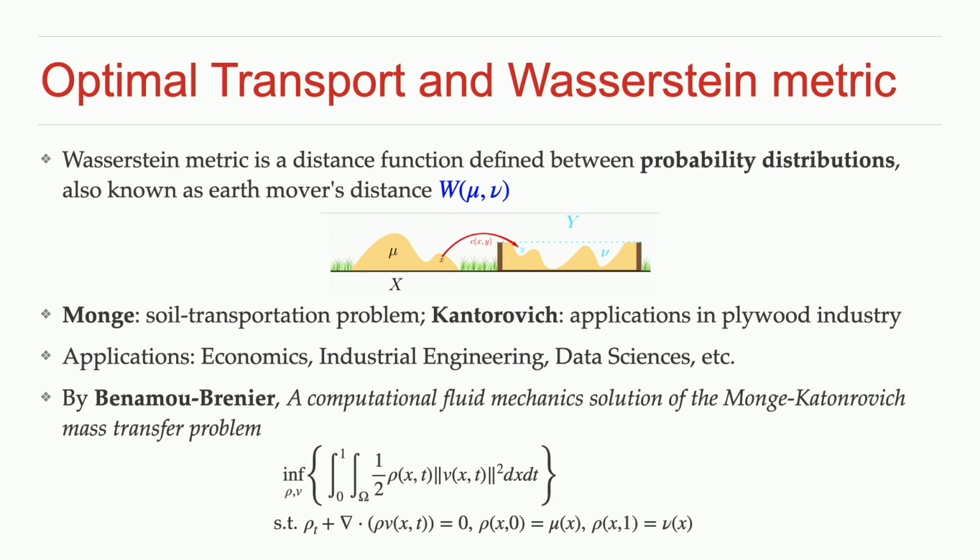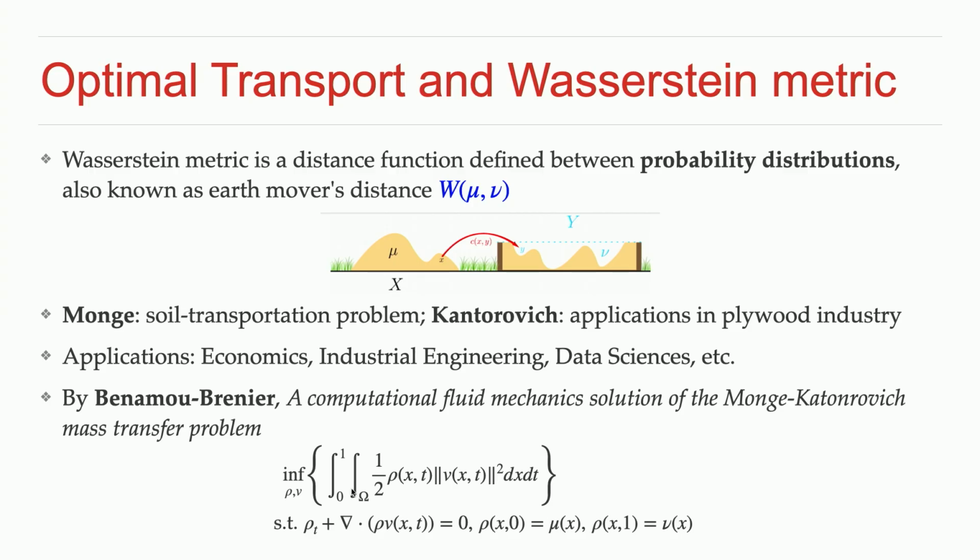So what happens is we are not trying to find a one-to-one map to move the mass. Instead, we want to find a velocity field v of x,t that is going to flow a density from distribution mu of x to the distribution nu of x in a time horizon 1.